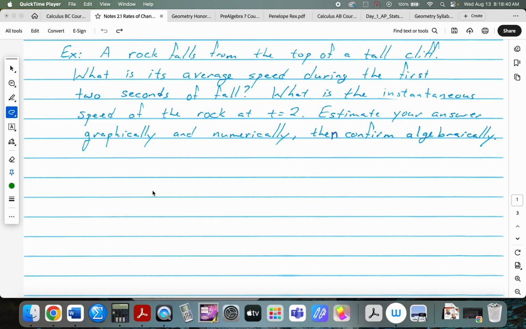Well, part of it is you need to know an equation for how far this rock is going to fall in t seconds. So from physics, you may remember, or you may not, and that's quite all right, the distance it's going to fall in feet is 16t squared.